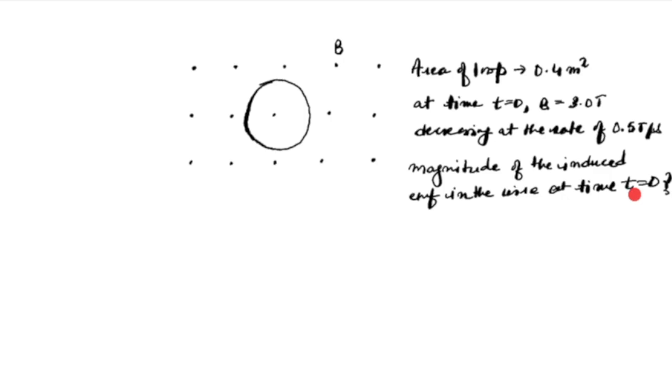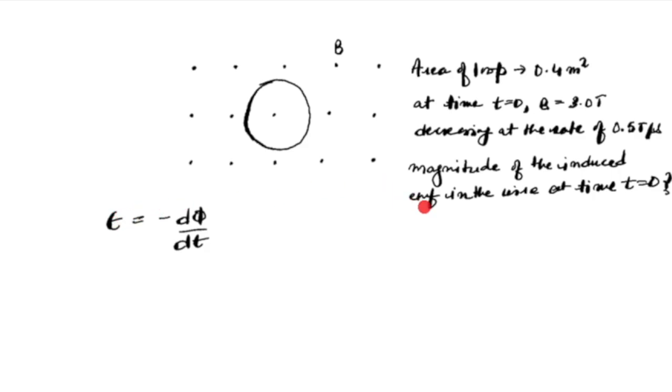So this answer goes to Faraday's law. And remember, Faraday's law tells us the EMF produced will be minus d phi by dt, right? So we are concerned with how much flux is changing and how much time it is taking. If we know that rate, we'll be able to find the EMF.